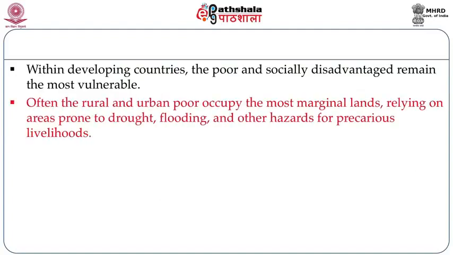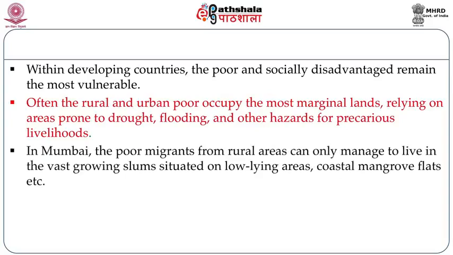Often, the rural and urban poor occupy the most marginalized lands, relying on areas prone to drought, flooding, and other hazards for precarious livelihoods. In Mumbai, for example, poor migrants from rural areas can only manage to live in the vast growing slums situated on low-lying areas or coastal mangrove flats.